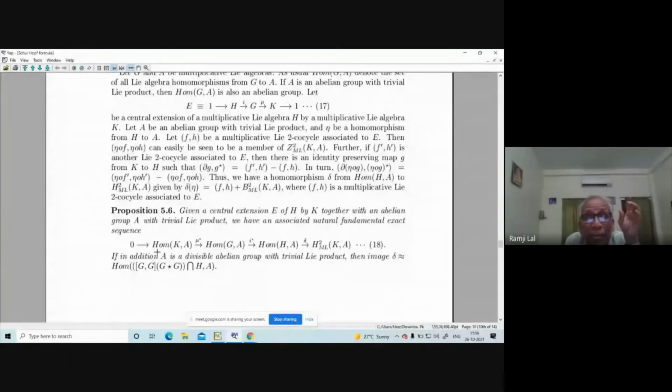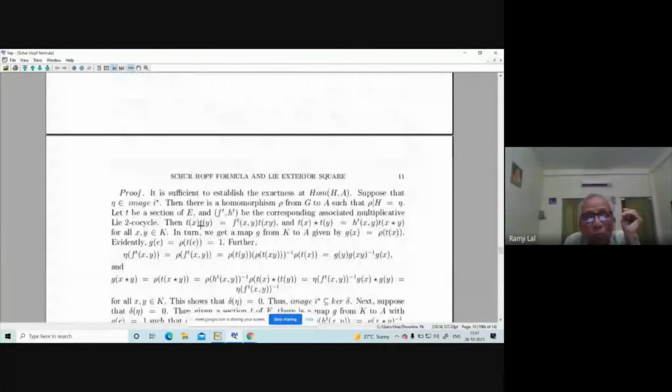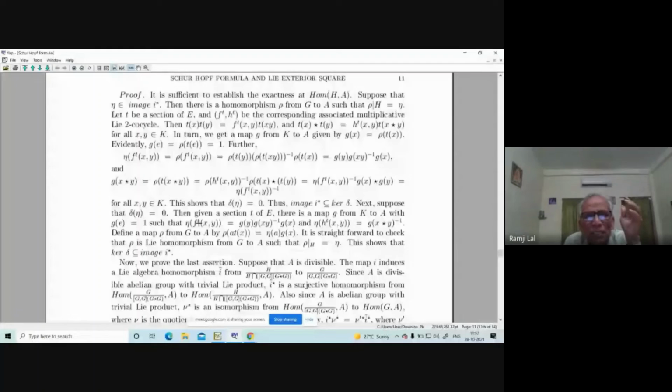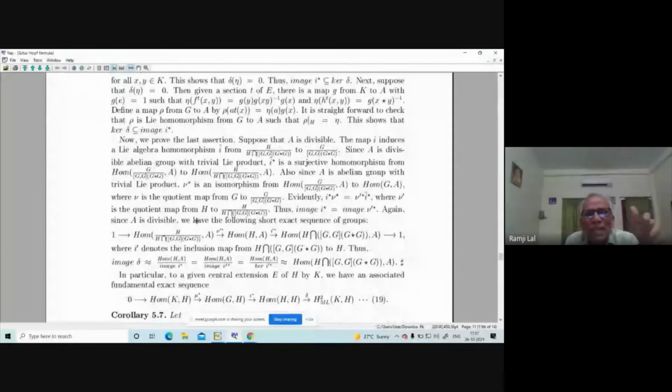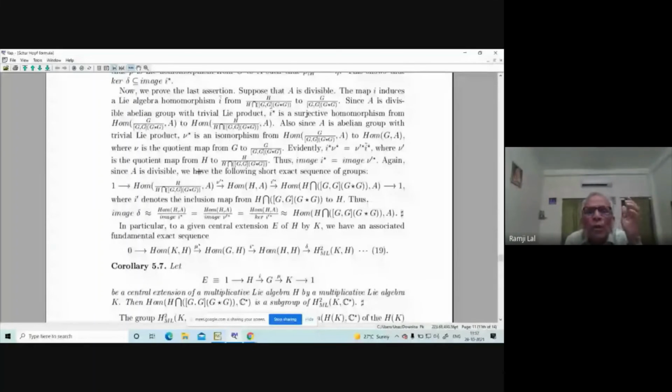And if in addition we take A to be an abelian group, for example C star, the multiplicative group of complex numbers, then the image of delta is precisely the Hom of G star G intersection H to A. This is something which is easy to observe. It is not very difficult, and more or less, leaving aside certain extra verifications, it is the usual proof as in the case of groups.